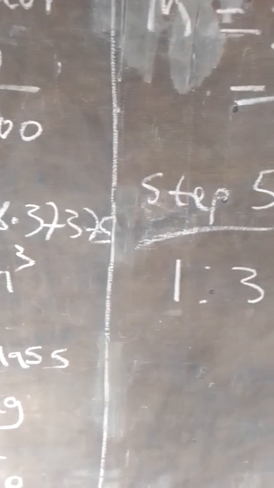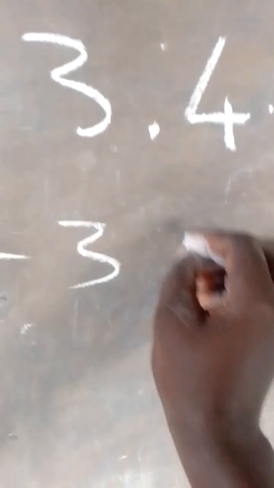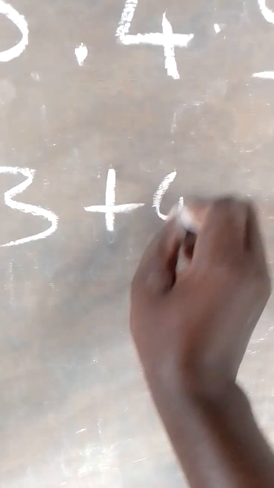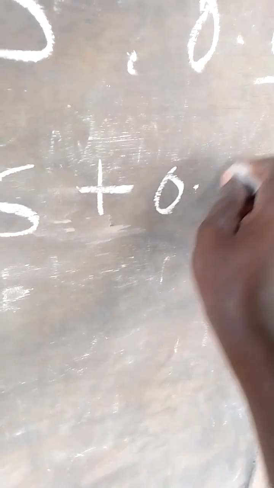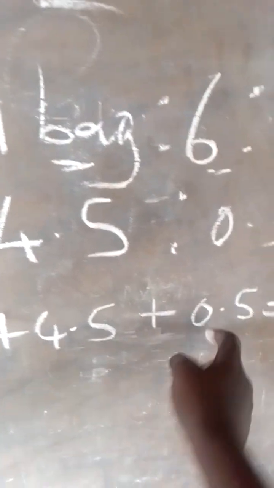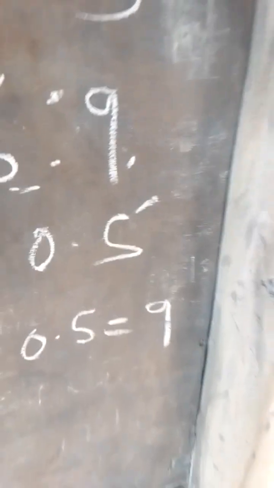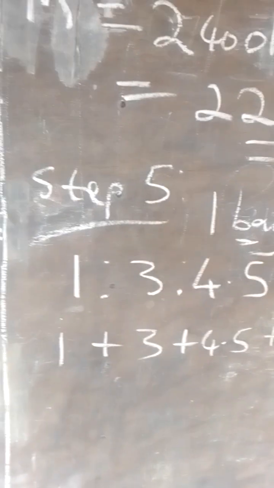Now in calculation, let's add the ratios together. 1 plus 3 plus 4.5 plus 0.5 is equal to 9. 9 is the total ratio of the mixture.